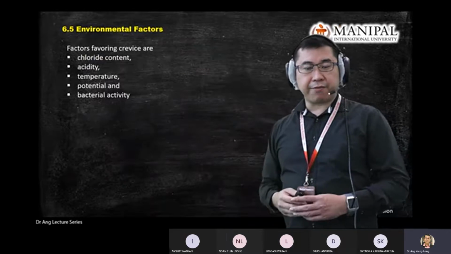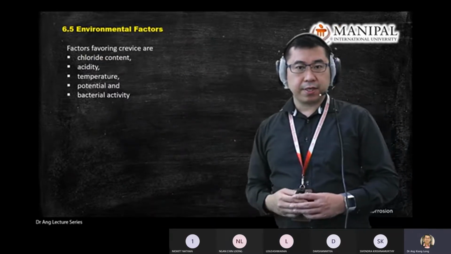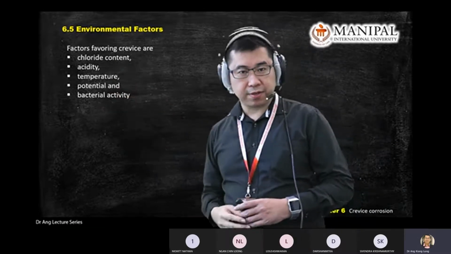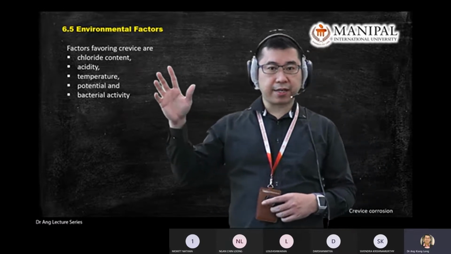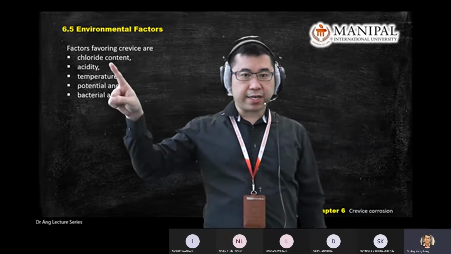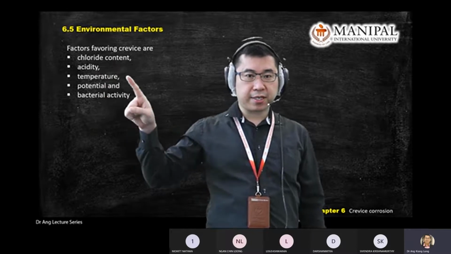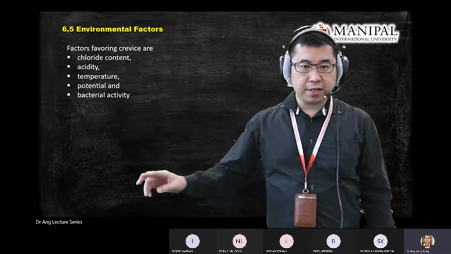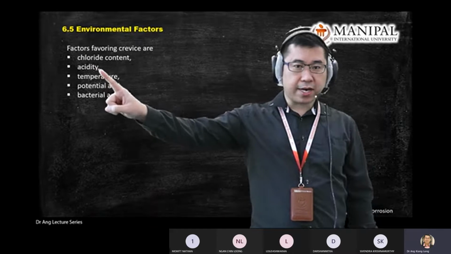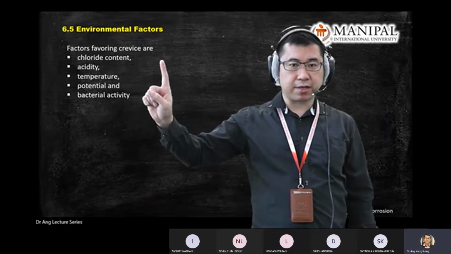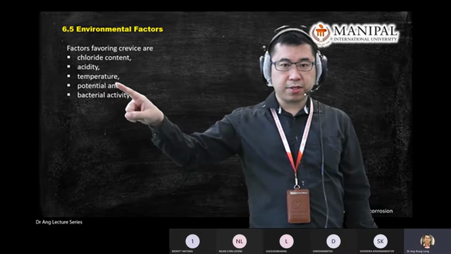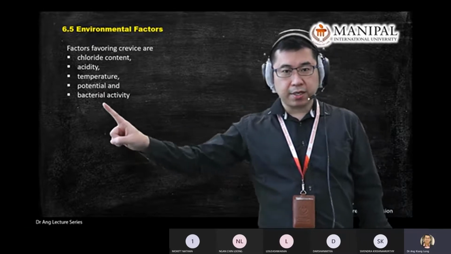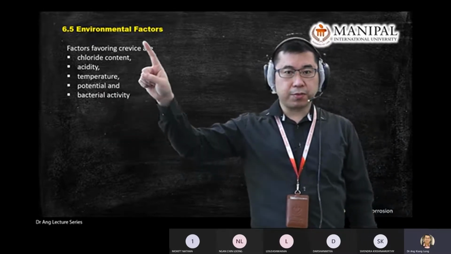And let's look at environment factors. We look at 1, 2, 3, 4, 5. Factors that can affect crevice corrosion are chloride, acidity, temperature, potential, and bacterial activity. We have covered chloride, acidity, and temperature in the previous chapter, and potential we just mentioned, the voltage. Bacterial activity: why can it contribute to crevice?